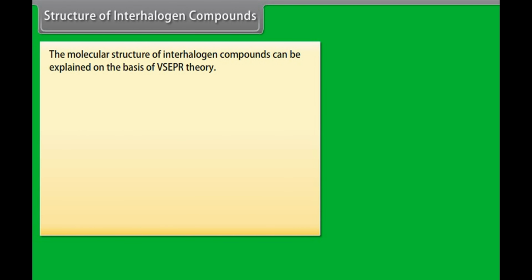Structure of interhalogen compounds. The molecular structure of interhalogen compounds can be explained on the basis of VSEPR theory. Structure of AX type of interhalogens is linear.